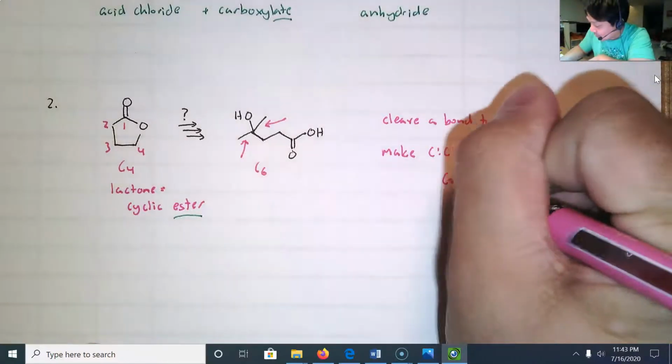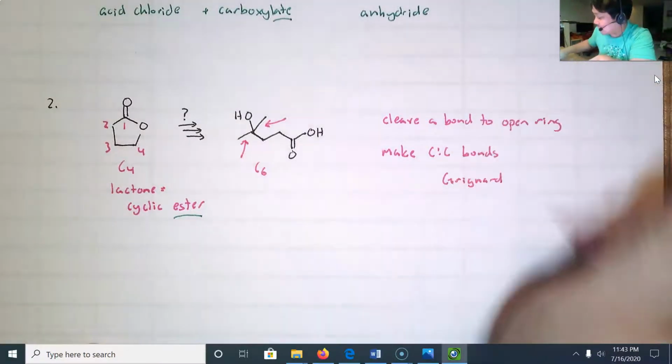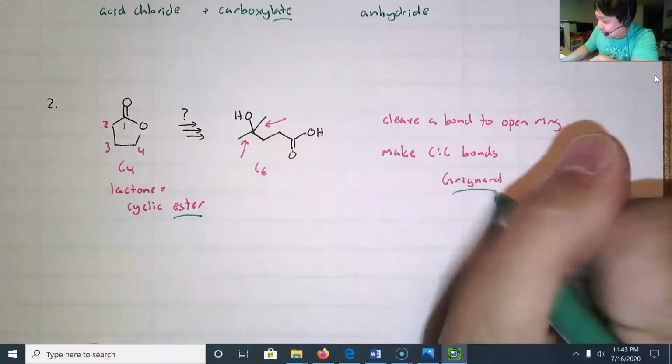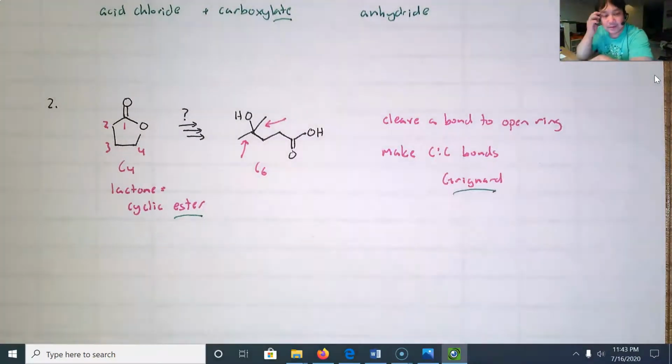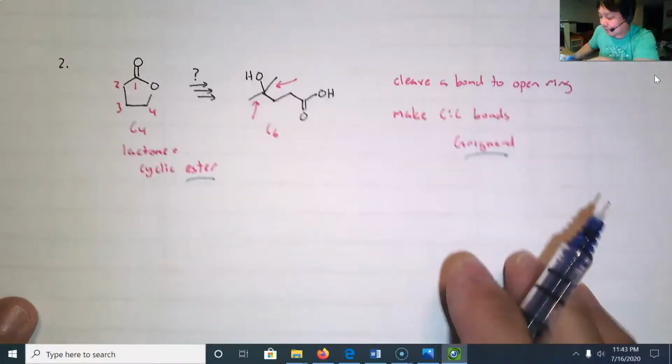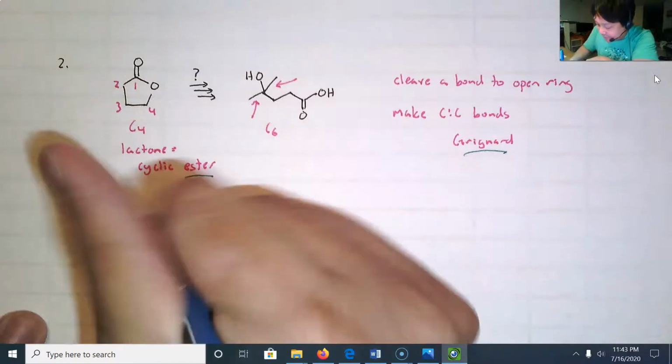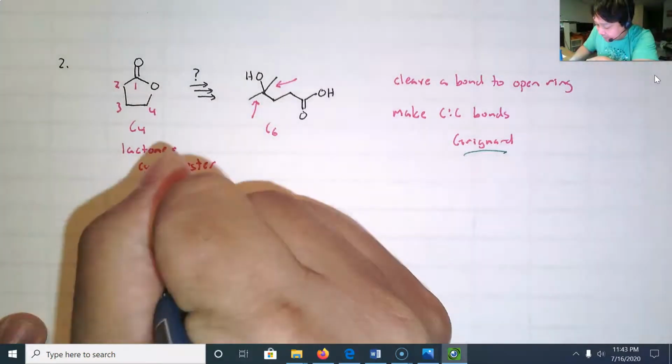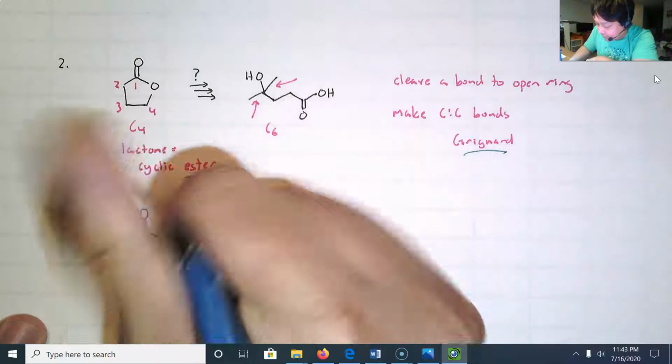Look at these two classes of molecules I have here, Grignard and ester. I'm going to take a chance and react this ester with the Grignard reagent, and let's see if I get anywhere close to my product.